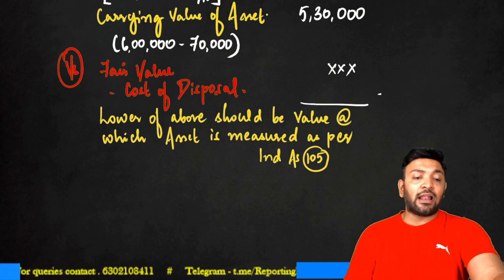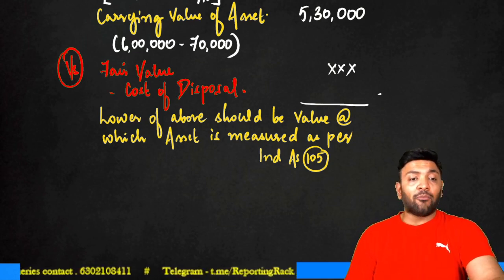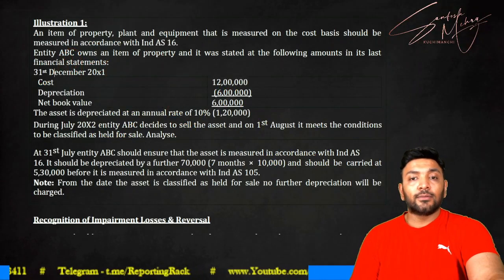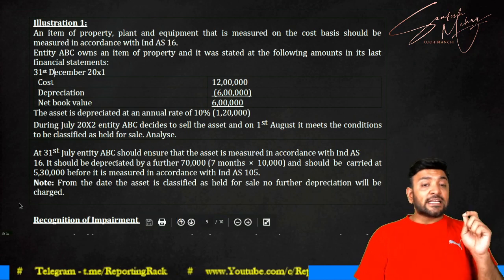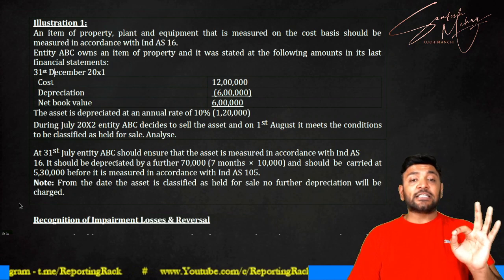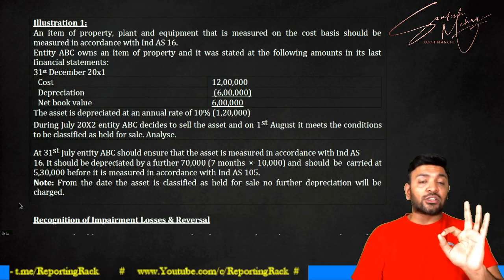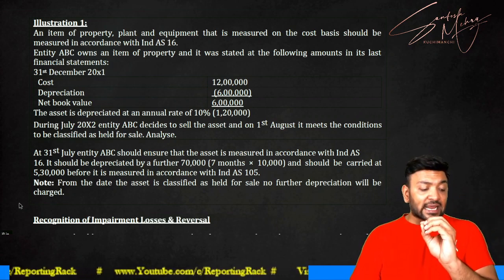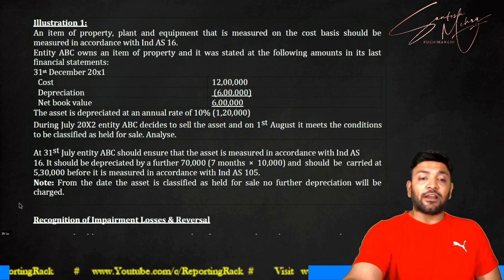Now, I don't know the fair value, so I'm leaving it there. I am not going to continue my discussion on this illustration anymore. But since that date, the depreciation should lapse. I should not be charging depreciation after 1st August of 2022 once the asset is classified under IND AS 105.